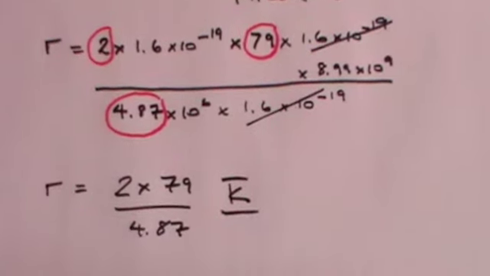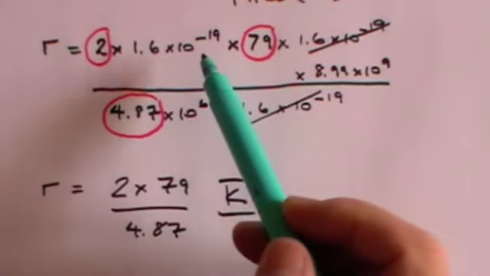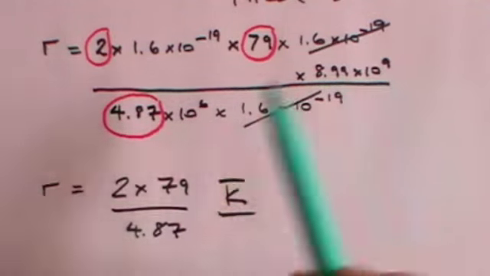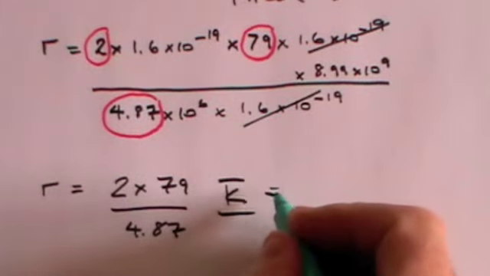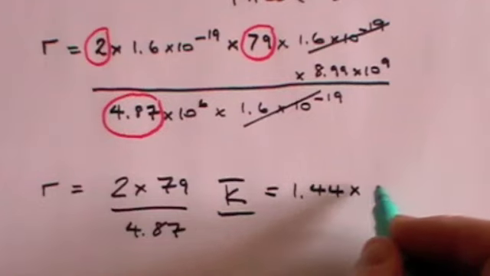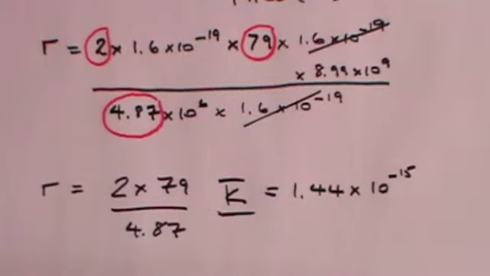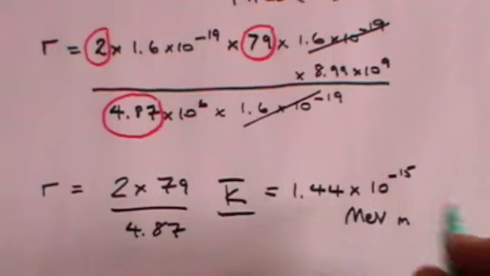If you work out that constant, that is, 1.6 times 10 to the minus 19 times 8.99 times 10 to the 9 divided by 10 to the 6, you will find that it equals 1.44 times 10 to the minus 15. And the units, should you want them, are of course MeV meters.